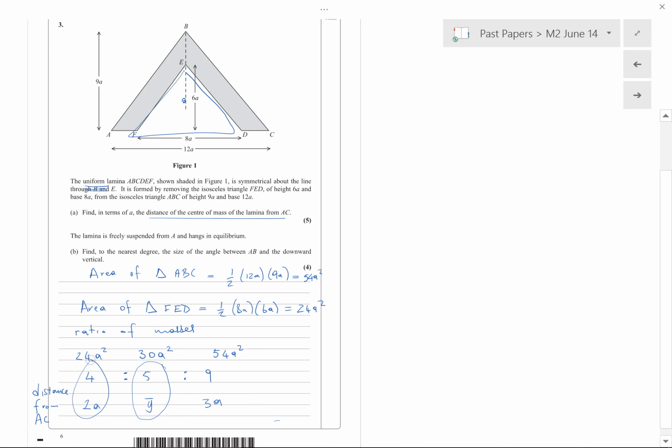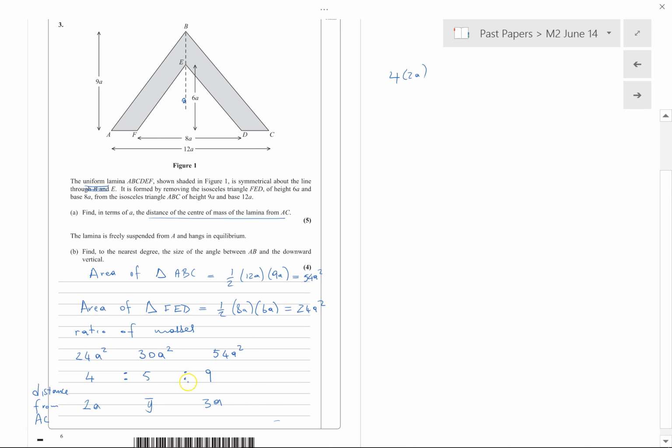I seem to have reversed the order, but it doesn't matter. With a lamina here, which we know the centre of mass would be 2A. And then we would combine that to get the whole triangle, which would have a known centre of mass of 3A.